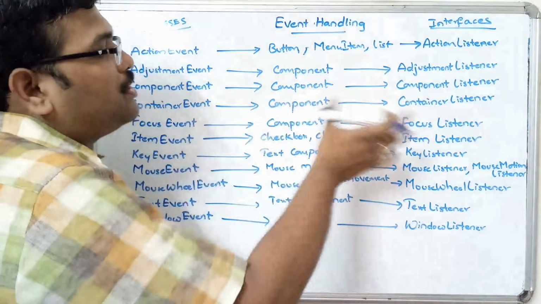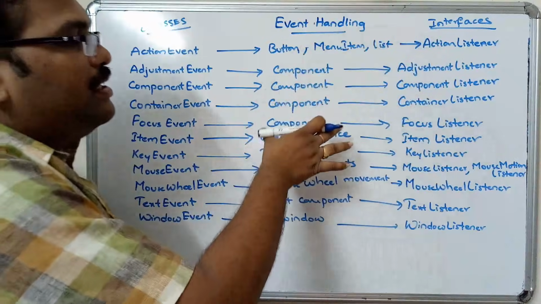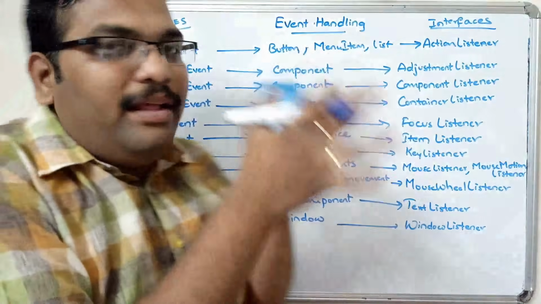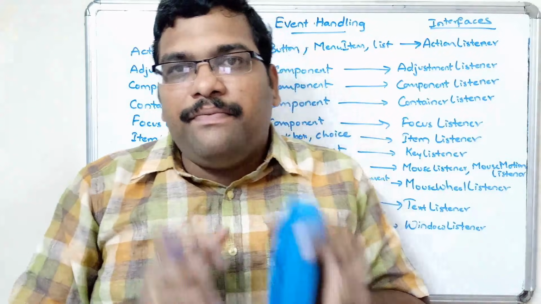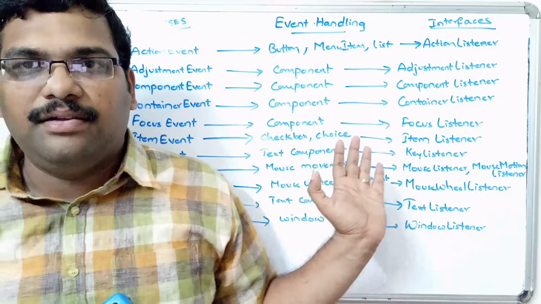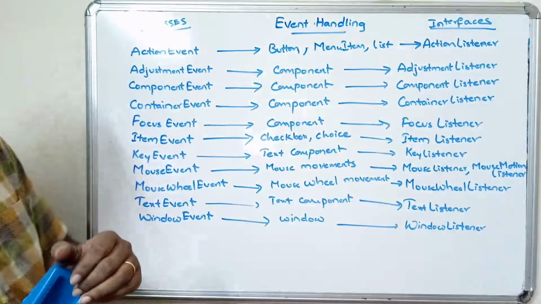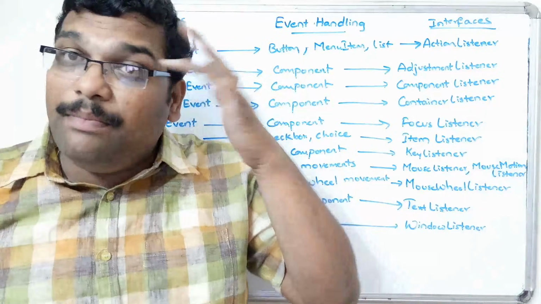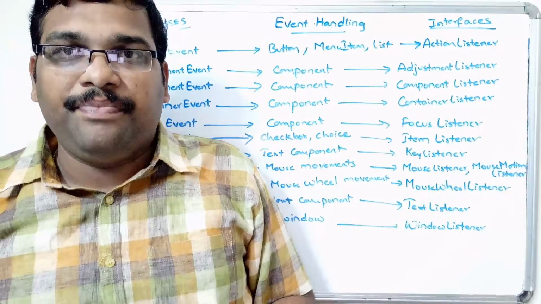With the help of both the classes and interfaces, these events will get handled. So for handling those events, first the interfaces should register with the sources, right? Hope you understood.